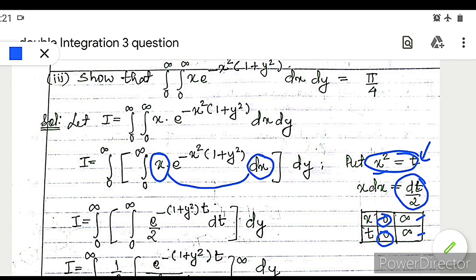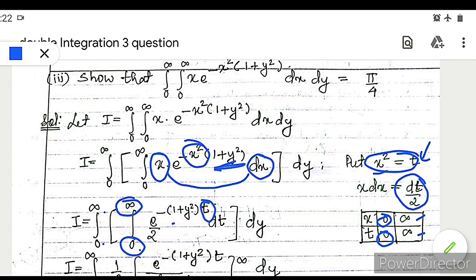Let's move further and put all the values in that bracket. So integration 0 to infinity as it is. Inside that bracket, no change in the limits, 0 to infinity as it is. So this x dx is dt by 2, and this x square I have written t.